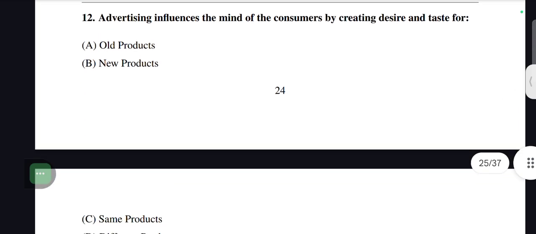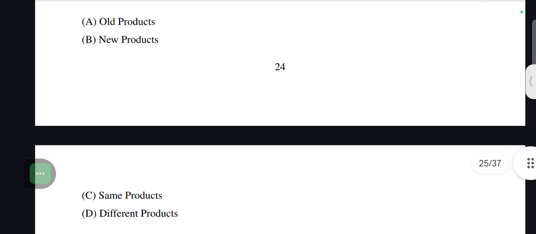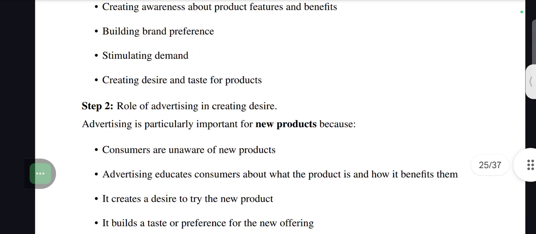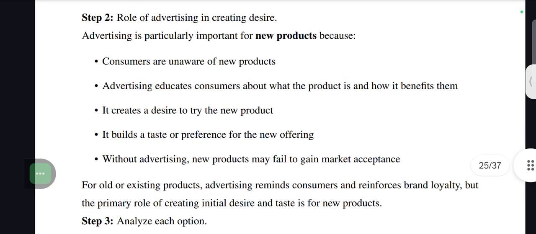Next comes the 12th question. Advertising influences the mind of the consumers by creating desire and taste for old products, new products, same product, or different product. Advertising is a paid form of non-personal communication aimed at informing or reminding consumers about the products and services. Its role is in creating desire for new products.